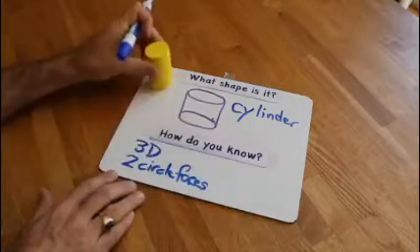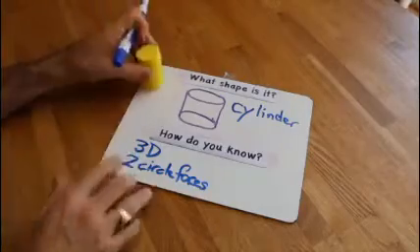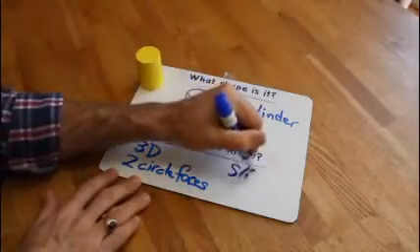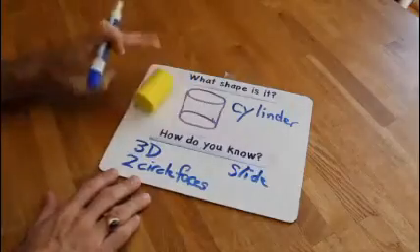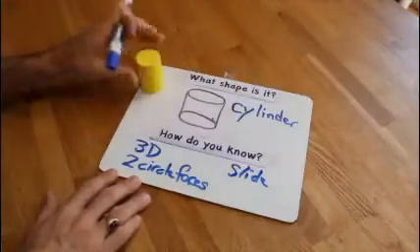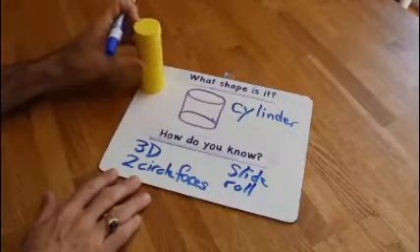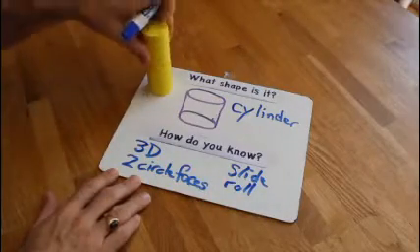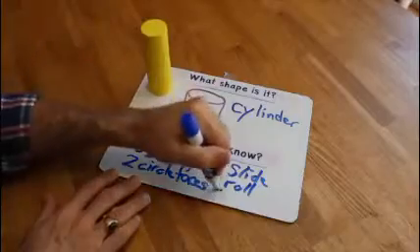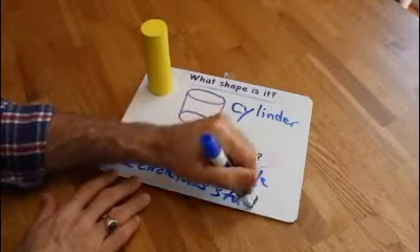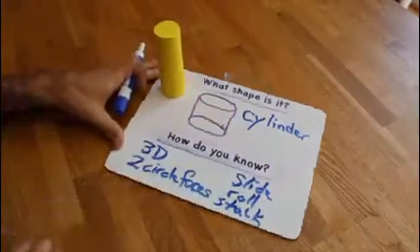And then what can it do? Well, with one face, it can slide. If you turn it on its side, it can roll. And if you get out another one with two faces opposite each other, you can stack. That's what makes it a cylinder.